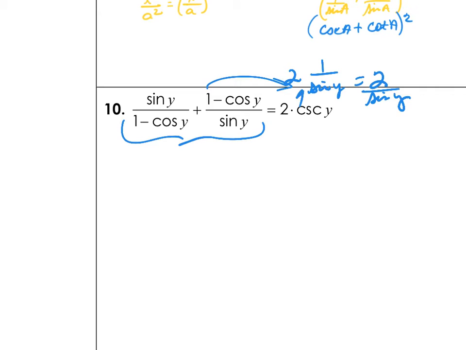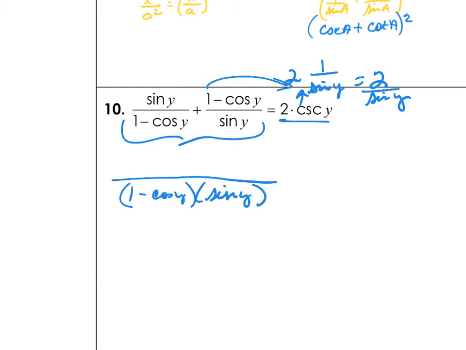That gives you an idea of maybe a step that we're going to get to, or what it could possibly look like before it looks like that. Okay, so we need a common denominator. The common denominator is both of these things. So it needs to be 1 minus cosine of y times sine of y.